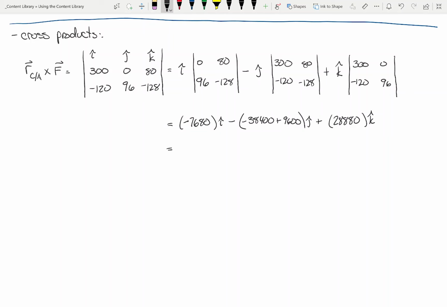Okay, so what do we get? We get negative 7680i. Let's see, what do we get here? So this is going to be a negative term inside here, but then there's a negative, so it's positive. So it's basically just the difference of those two numbers, which ends up being 28800.